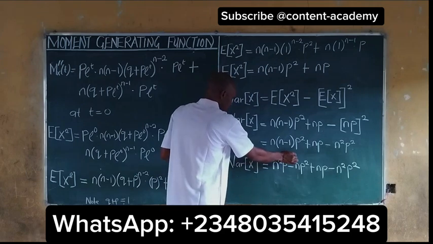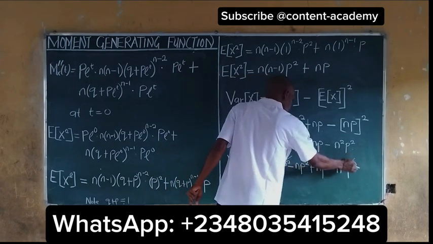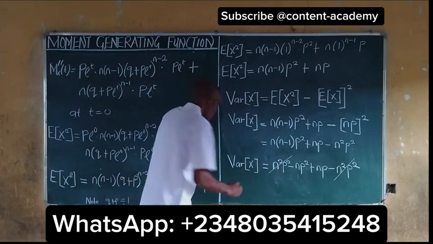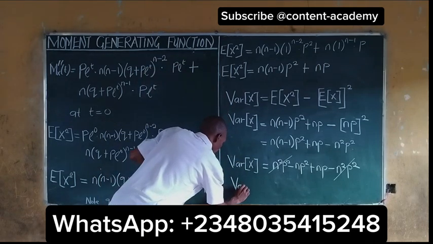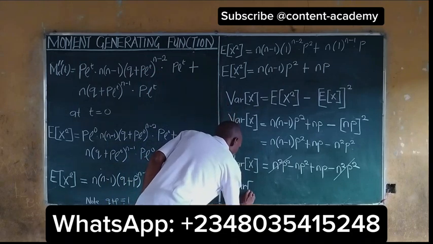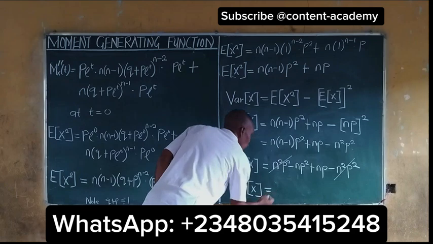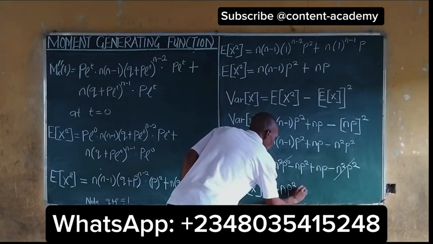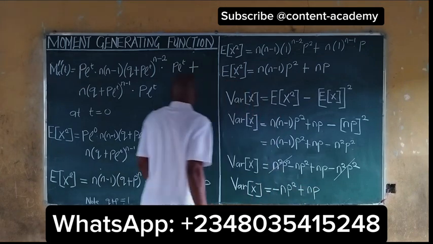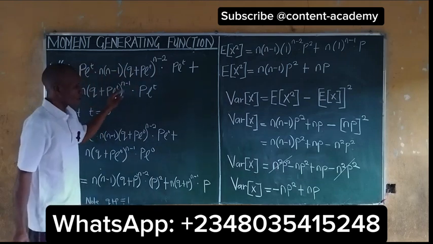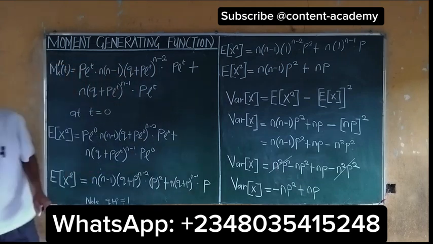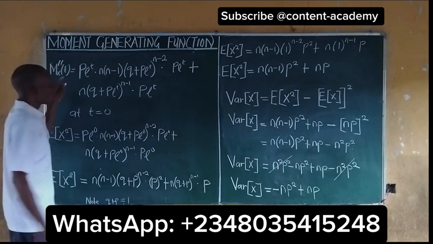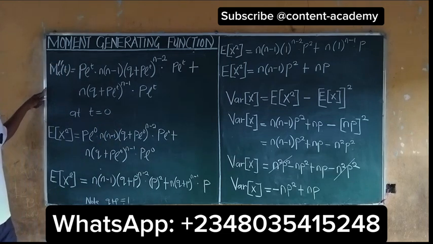Now, we see that the whole of this can cancel the whole of this. Yes, that is what we'll get. So we'll be left with the variance of x to be equal to negative np squared plus np. So we still move over to this side of the board to get our variance of x because we've not concluded. We will have to delete this part of the board.